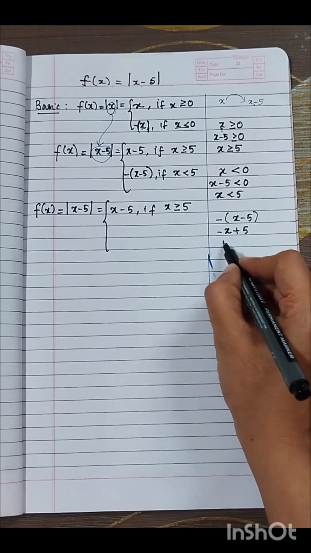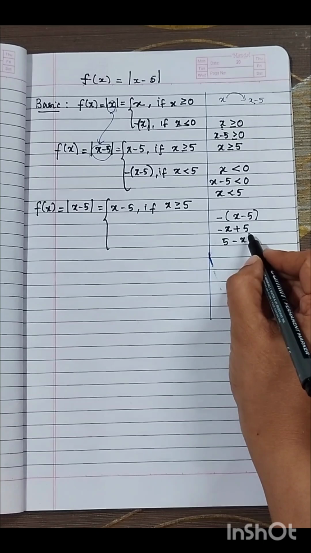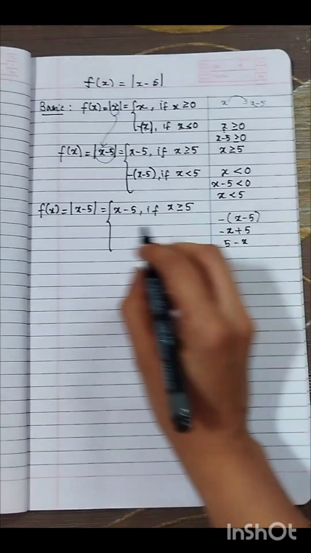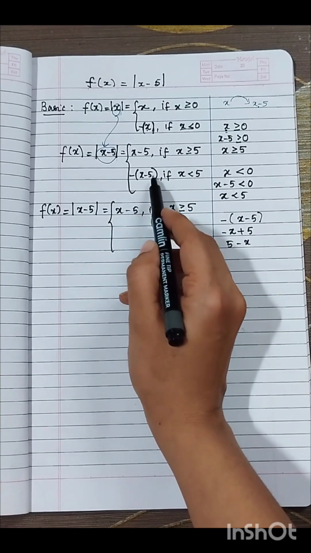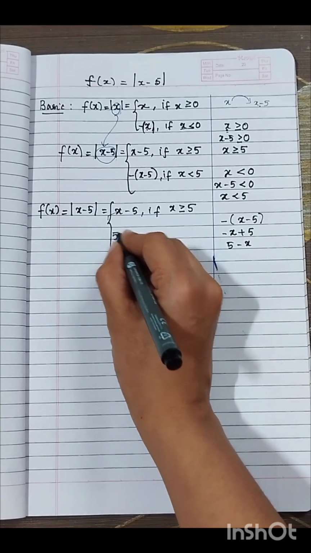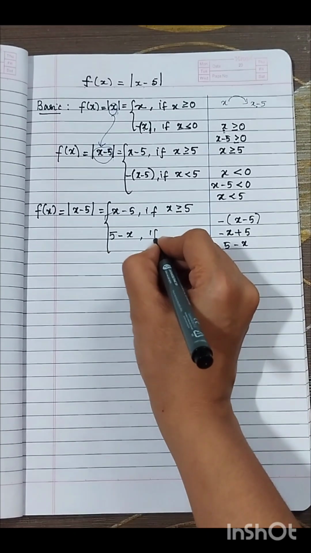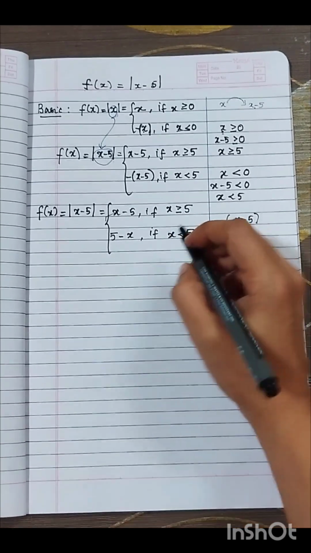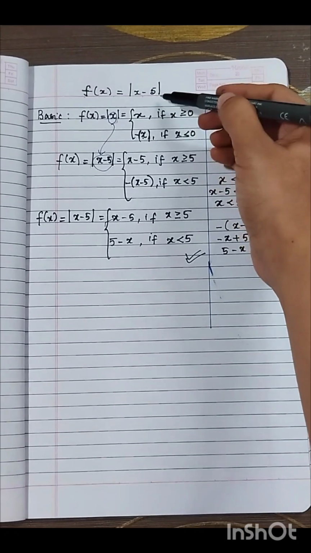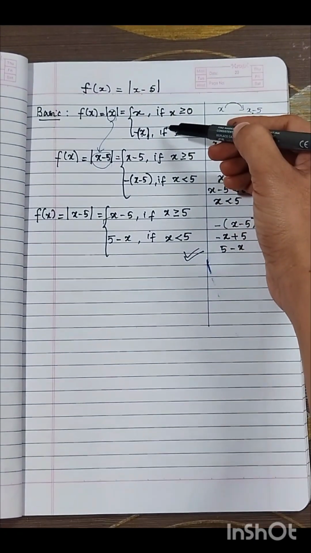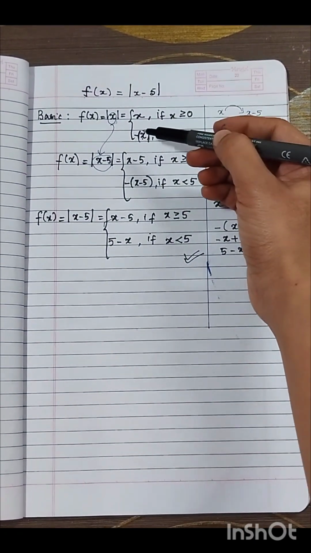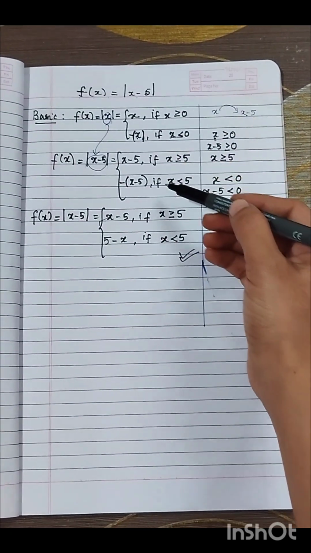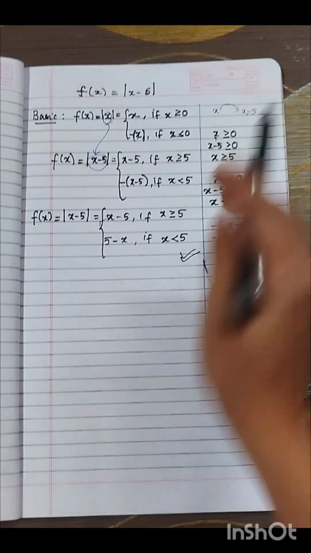This is the same as writing 5 minus x. So in the place of this we will write 5 minus x if x is less than 5. Now this is our function. So whenever you have a modulus function, take the parent function and substitute whatever they have given in the place of x, but you have to modify and simplify this part.